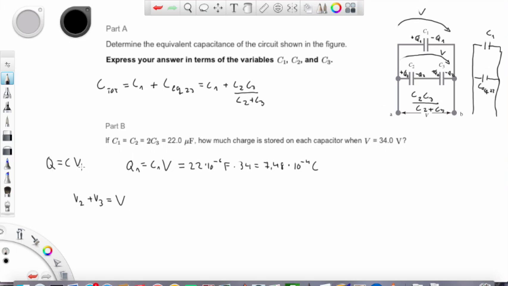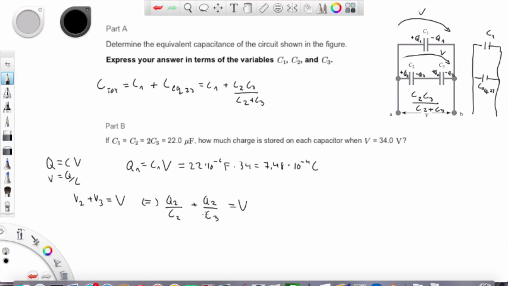From solving this relationship, V can always be expressed as Q over C. So we get V2 is Q2 over C2, and V3 is Q3 over C3, whole thing equals V. But as we know, the charge on the third capacitor is the same as on the second, so we can say already that they have the same charge, Q2.